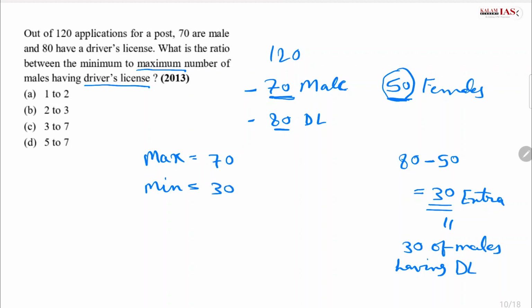Maximum is when all 70 males have a driving license, and minimum is when all females have a driving license, 30 will be left and those 30 males will have the driving license. So the ratio between the minimum to maximum will be 30:70, that is 3:7. That is option C.